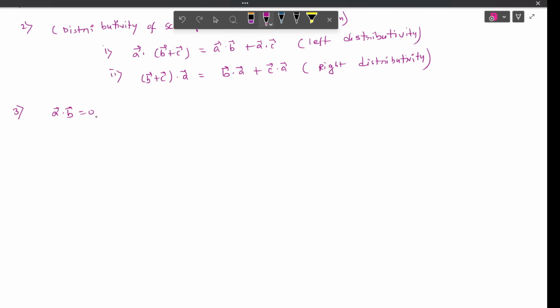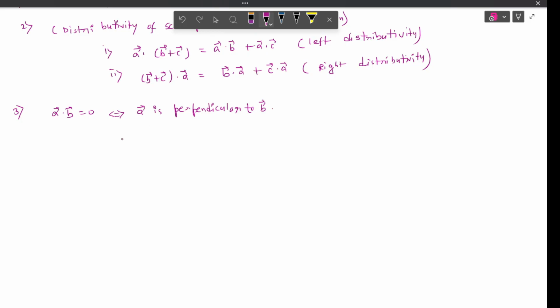When theta is 90 degrees, cos 90 is 0, right? Mod A mod B cos theta, that is cos 90, so theta is 90 degrees. That means the two vectors are perpendicular. So A dot B equal to 0 implies A vector is perpendicular to B vector.